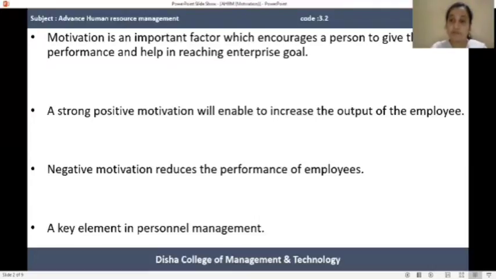So the negative motivators don't want to exert a high level of effort. They only want to do whatever the organization assigns to them, and they are not interested in doing more beyond the assigned things.